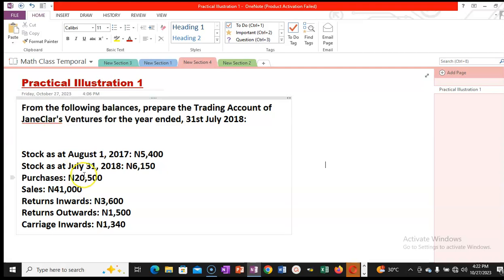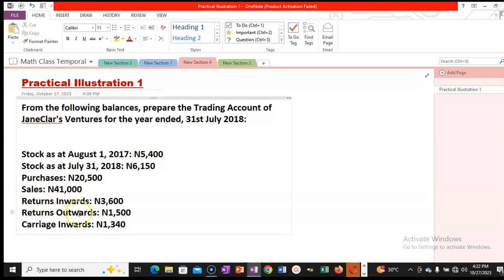Purchases means all the new products we buy within that year. Closing stock means at the end of the accounting year, which is today, 31st July 2018, we go to the shop again after we have bought new ones and sold the ones we sold, and what we calculate our stock to be now is 6,150.